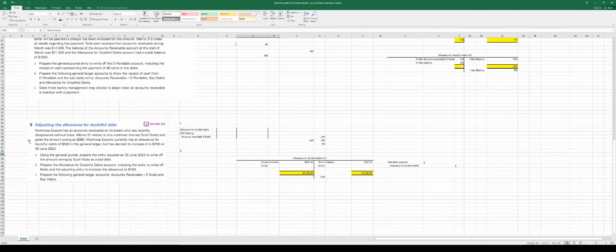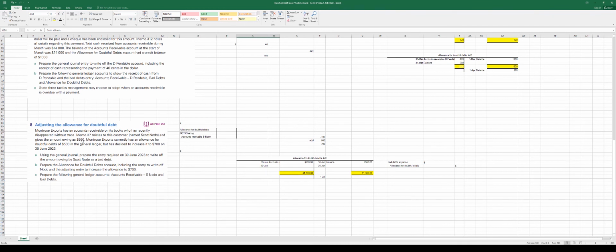Down to question number 8, adjusting the allowance for doubtful debts. So what do we have here? The accounts receivable is owing us $660. Using the general journal, prepare the entry required on 30th of June 2023 to write off the amount owing by Scott Noto as bad debt.